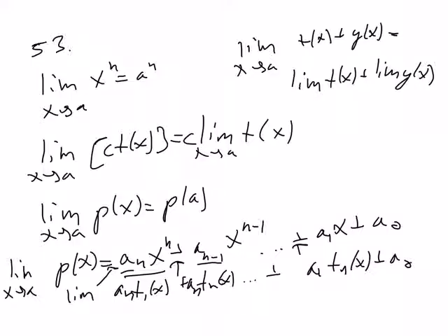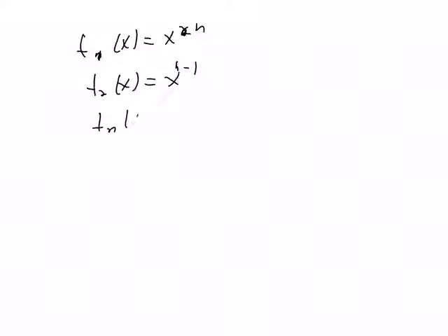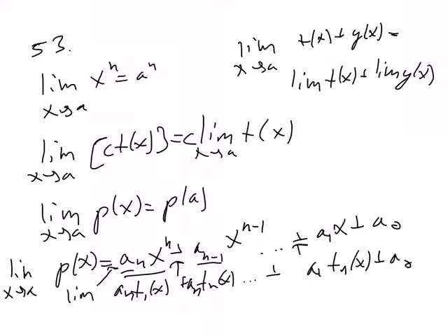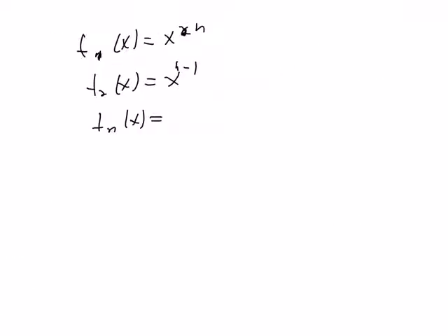So f1 of x is going to just be x to the n, f2 of x is x to the n minus 1, and so on, and f_(n-1) of x is going to be just x.